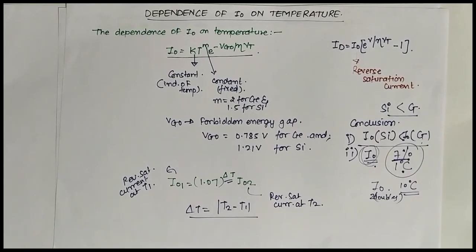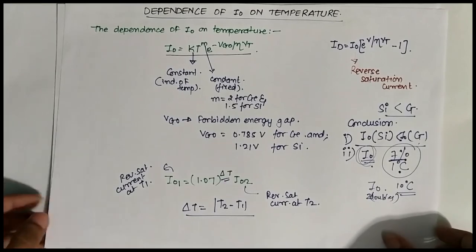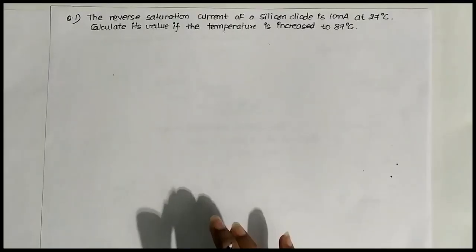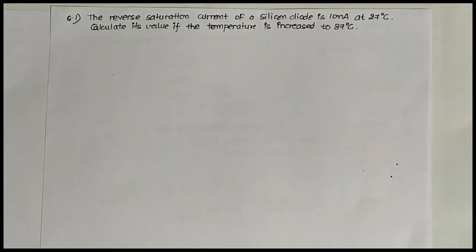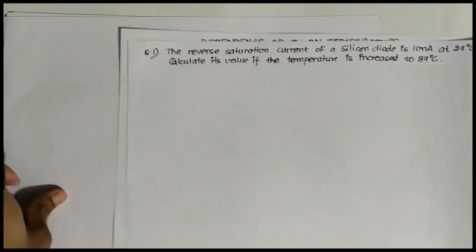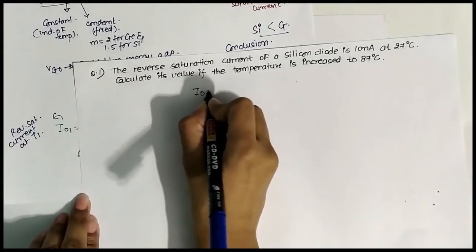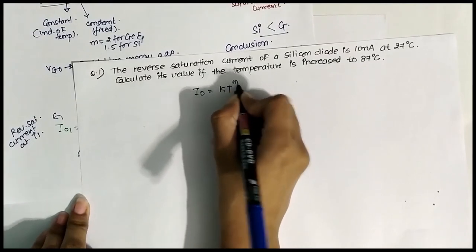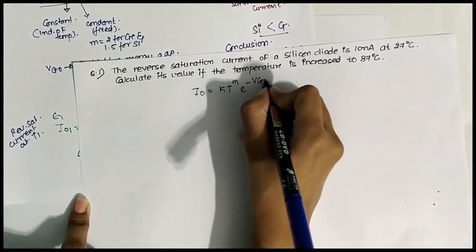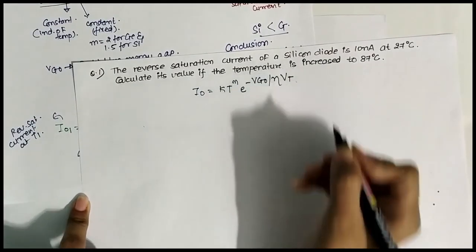Now let us move on to the numerical. Let us first write the equation that we just studied: I0 = K T^M e^(-VGO/(eta Vt)).